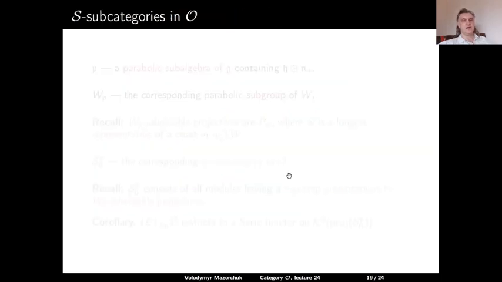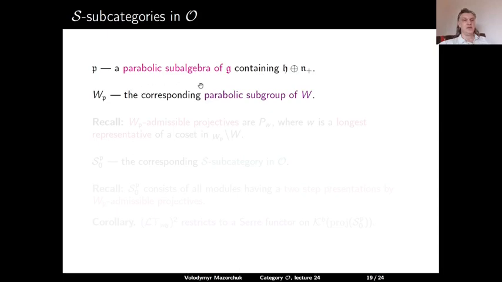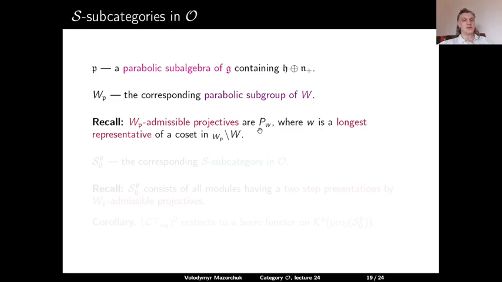Our main theorem can be used to describe Serre functors for S-subcategories in O. Let p be a parabolic subalgebra of g containing the Borel subalgebra h plus n plus. Let W_p be the corresponding parabolic subgroup of W. Recall that a projective P(w) is called W_p-admissible if w is the longest representative in the coset of W modulo W_p, where W_p acts on the left.